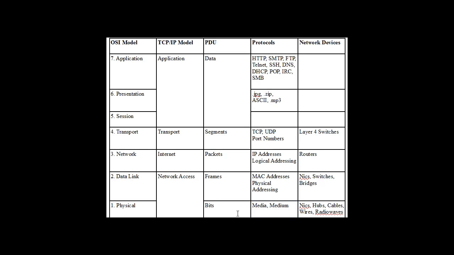Okay, so let's talk about the network devices that happen in each layer, and this is really helpful in answering lots of questions and doing well on network tests. If we're talking about the cables or the wires, whatever they are, or fiber optic cables or radio waves, we're talking about layer 1, the physical layer.